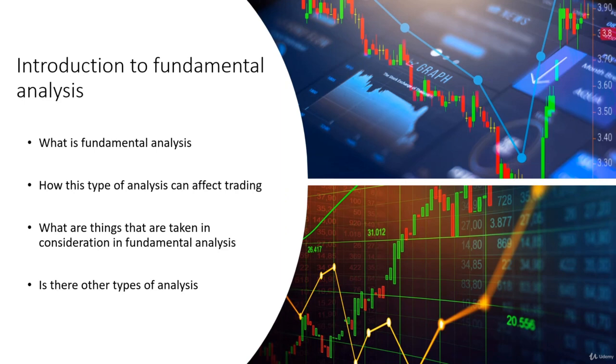Last thing, are there other types of analysis? Yes, there are other types of analysis. You have technical analysis and sentimental analysis as well. In this course we're gonna talk mostly about fundamentals and technicals. Technicals we are gonna talk about in the next few classes, but usually it's very different. Fundamental is very macroeconomic. It's all about news, what's happening in the world and in the country.